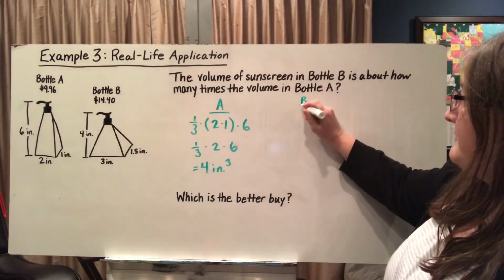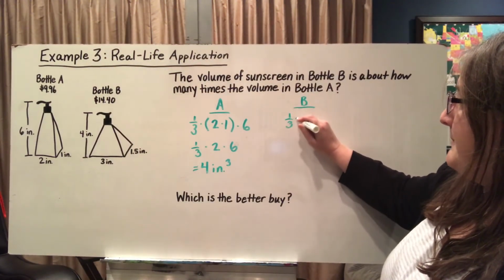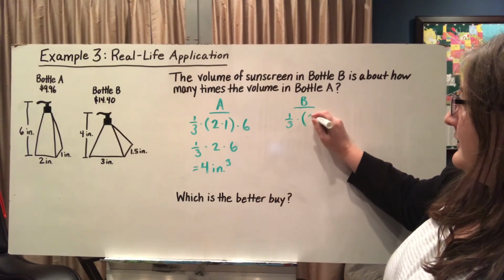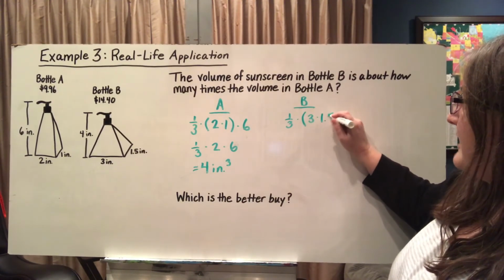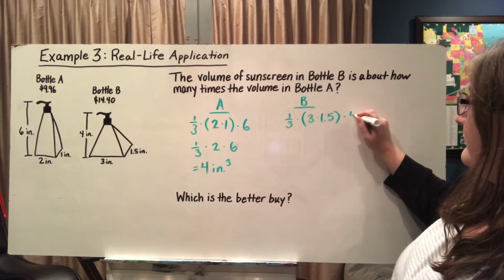In bottle B, my base is 3 inches by 1.5 inches, and the height is 4.